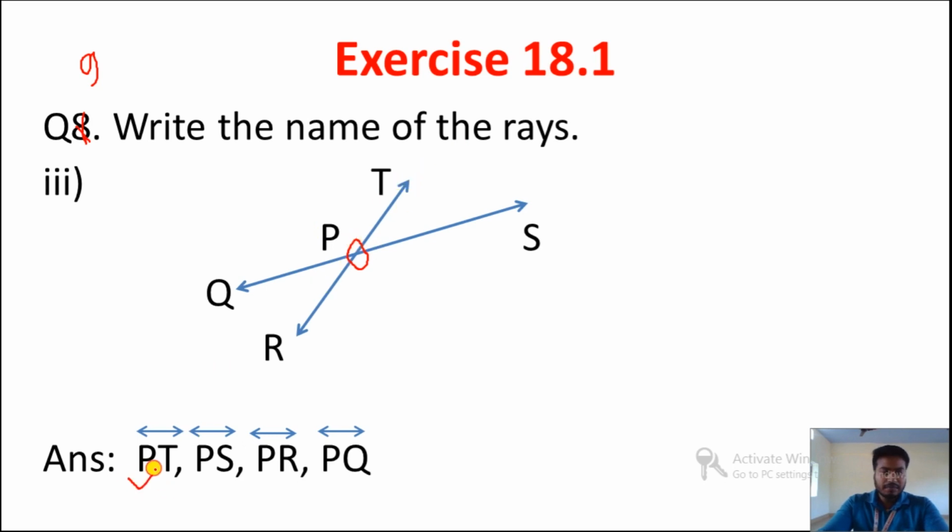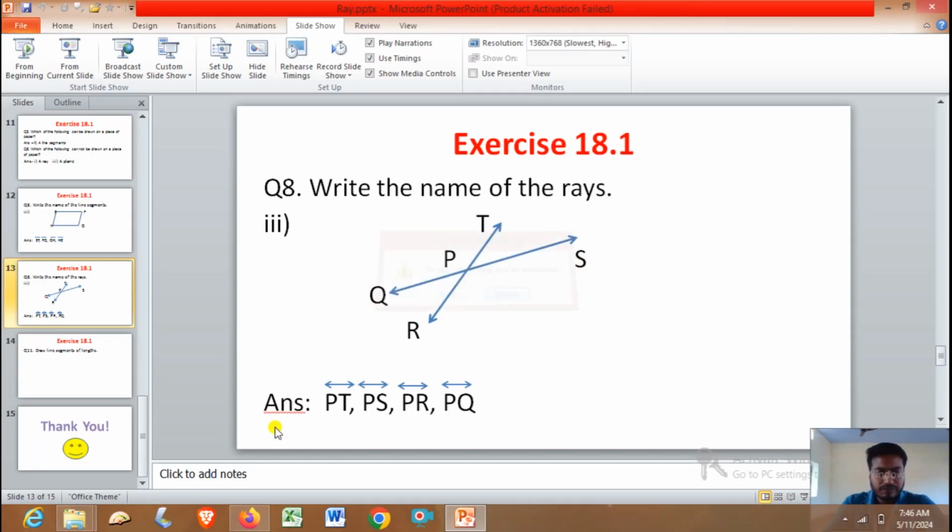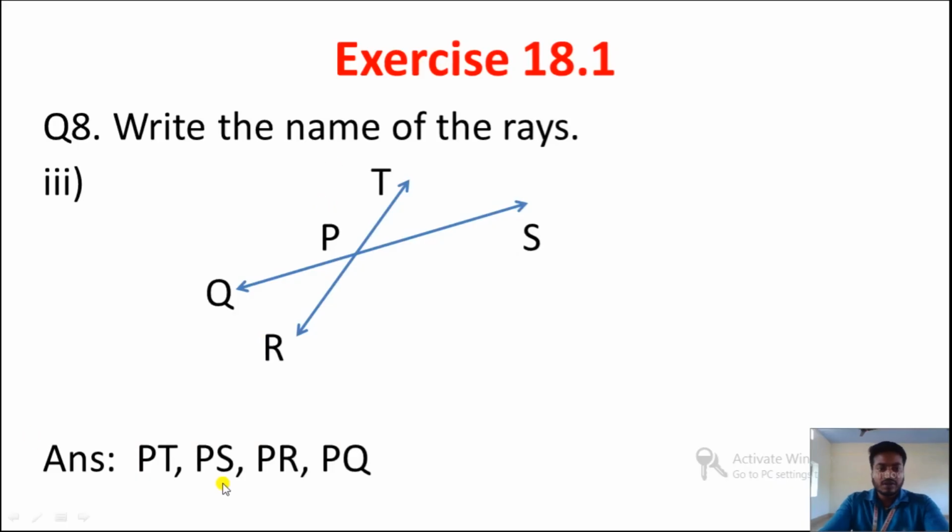You can see PT I mentioned here, and on that, sorry, the symbol is wrong, let me correct. So here this symbol will be. Then second ray, again we will start from this point only, PS, that will be the second ray, right here PS, and on top you give this symbol.